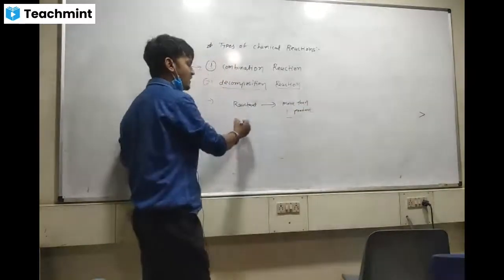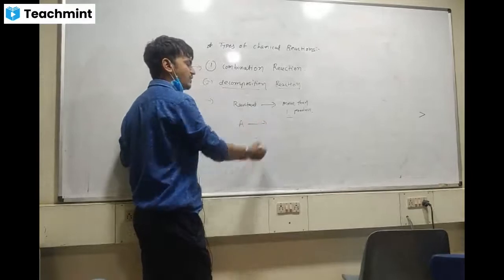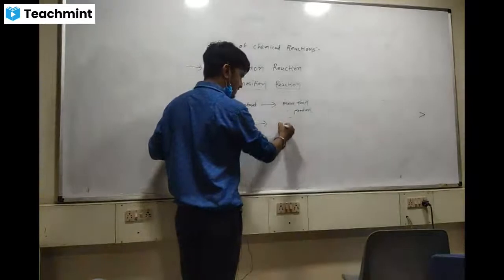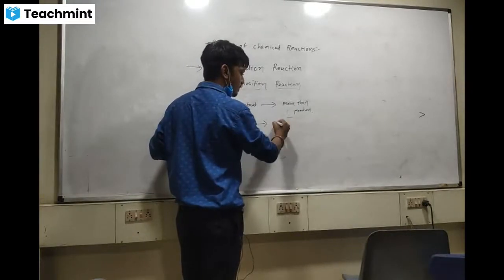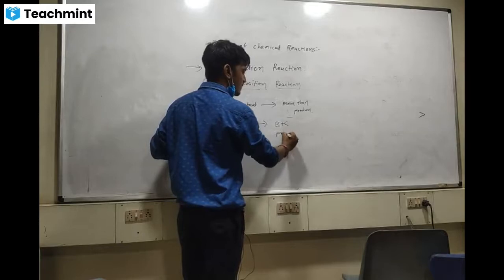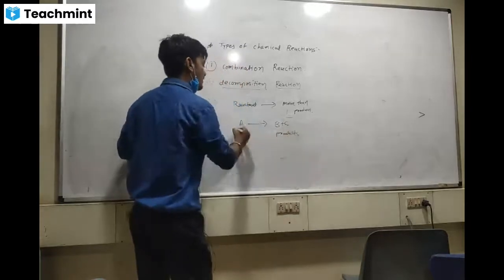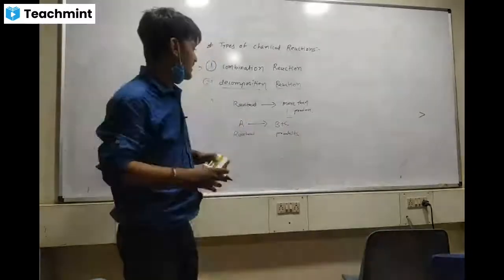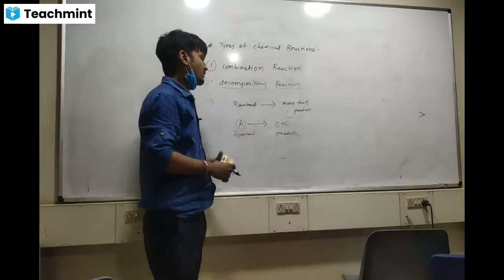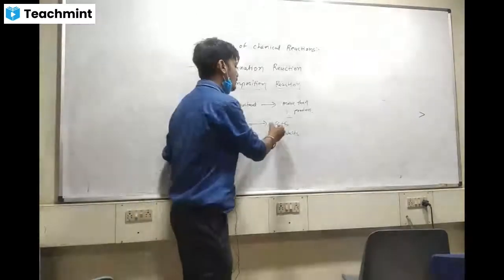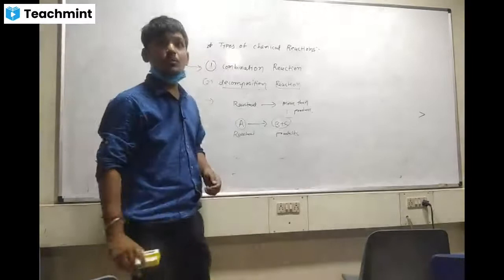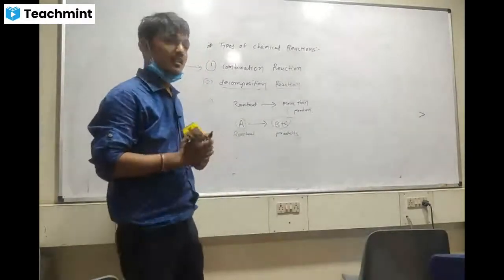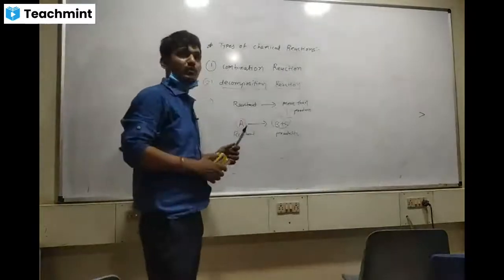If you have a single reactant A and it gives more than one product, for example B plus C, this one is our reactant and this one is our product. So during this reaction, one reactant is converted into two products. So this reaction is known as decomposition reaction. So in decomposition reaction, one reactant is consumed and produces more than one product.